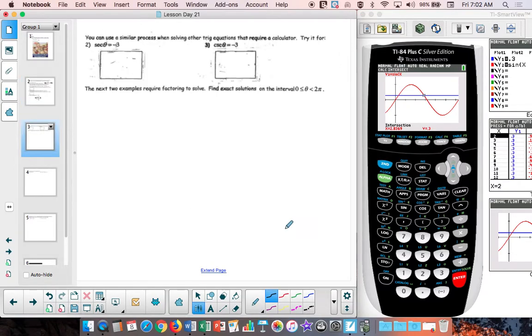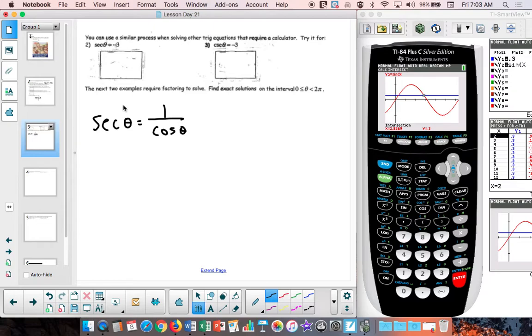These trip people up, so if you're working with secant instead, secant is the same thing as 1 over cosine. So you don't have a secant button, you do have a cosine button.